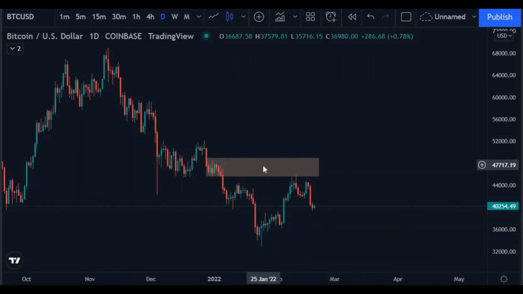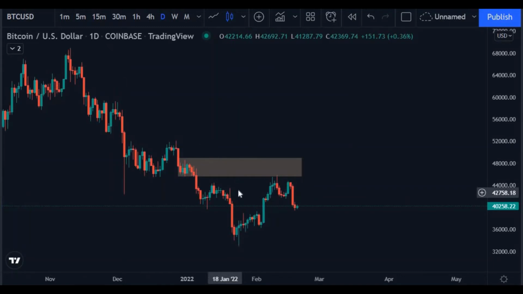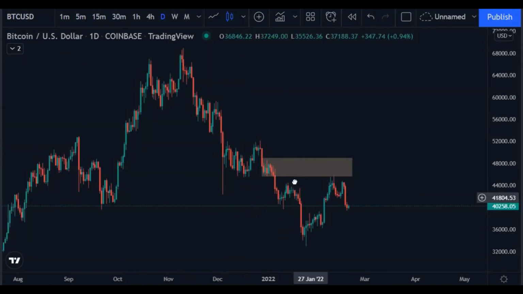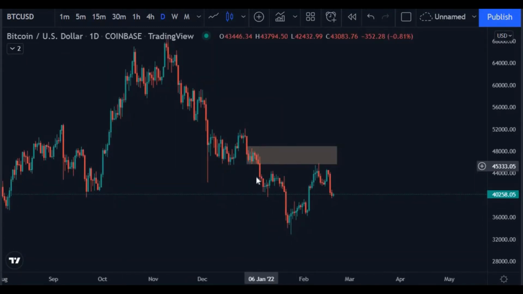Now this is a supply zone, which as you can see is drop, base, drop. Another thing to look out for when marking your supply and demand zone is the impulsive leg after the base candle. Usually when you have stacks of buy orders or stacks of sell orders here, after these big money traders are done getting their orders filled, you see prices move quickly in a particular direction.